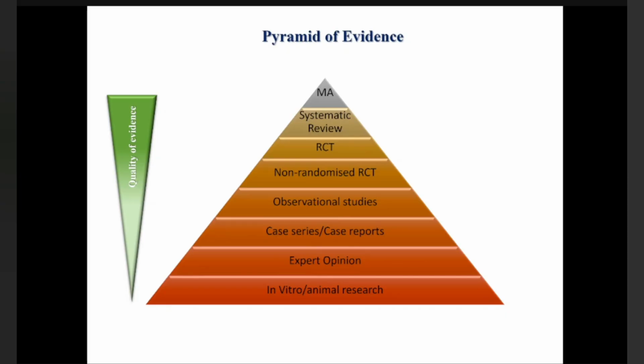Above it is expert opinion, as we have discussed. Then case series, for a few patients like 10 to 15 or 20 patients. Above it are observational studies, non-randomized trials, and then randomized trials.